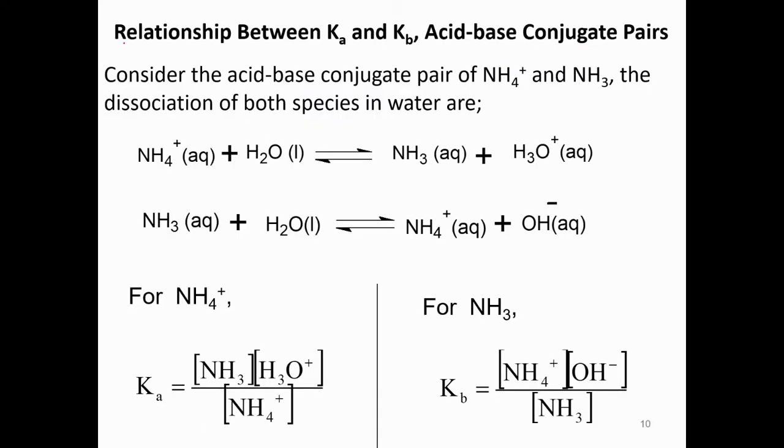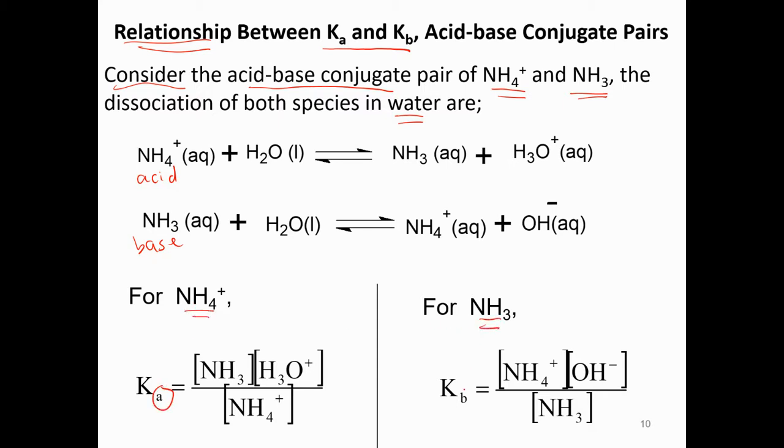Now, what is the relationship between Ka and Kb? We can consider the acid-base conjugate pair of ammonium ion and ammonia. When they dissociate in water, you will get these two reversible reactions. So here, ammonium is the acid, ammonia is the base. For ammonium ion, we get Ka.